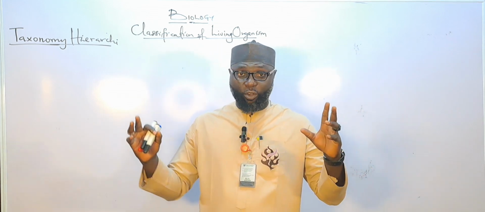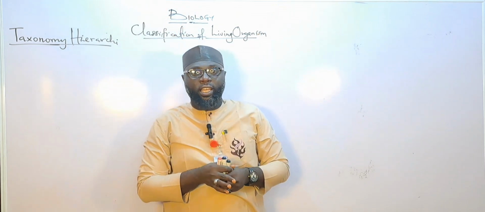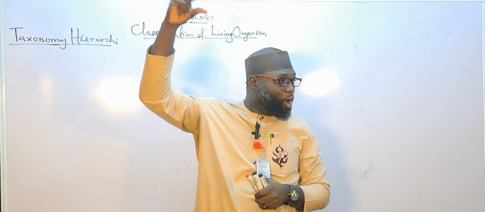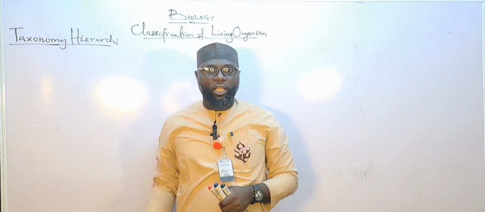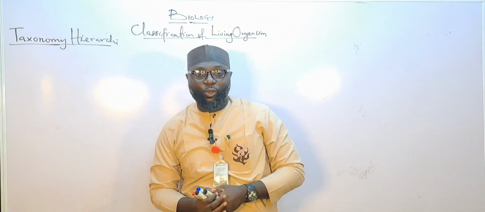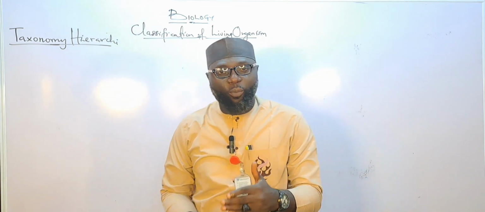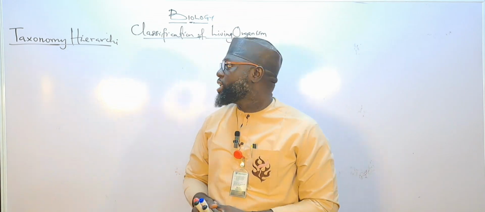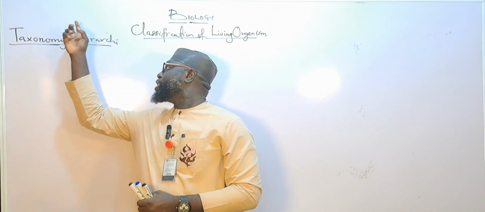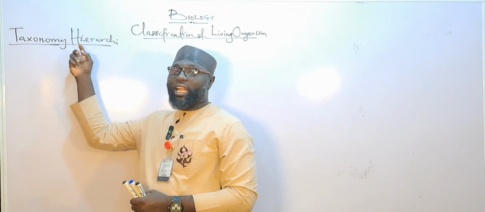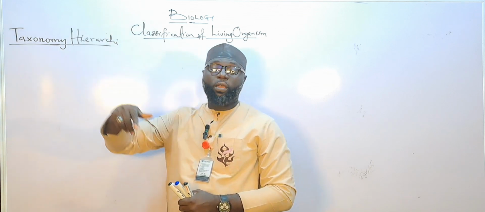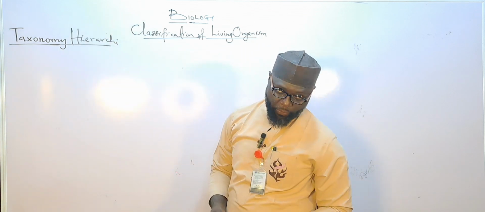If you remember from the beginning of the class, the hierarchy of classification was first proposed by John Ray, but it was later developed by Carl von Linnaeus. Carl von Linnaeus is the father of taxonomy and refined the taxonomy hierarchy proposed by John Ray.